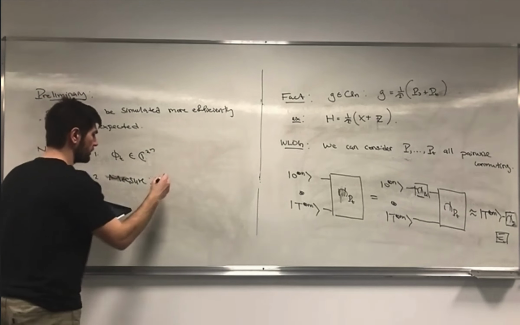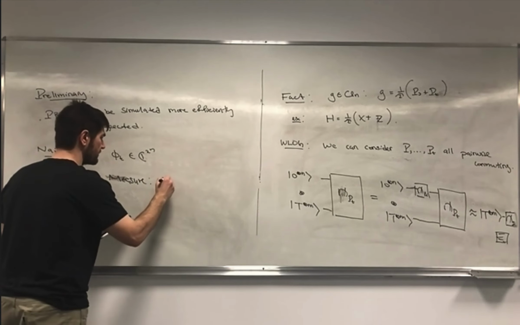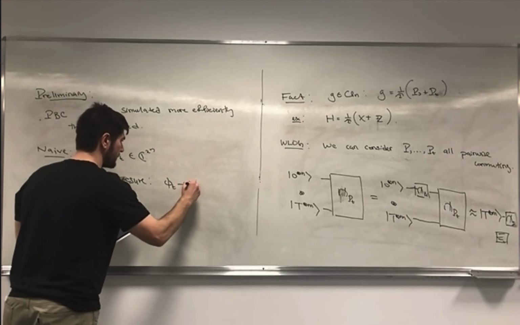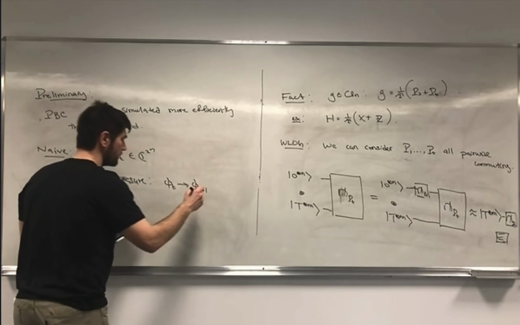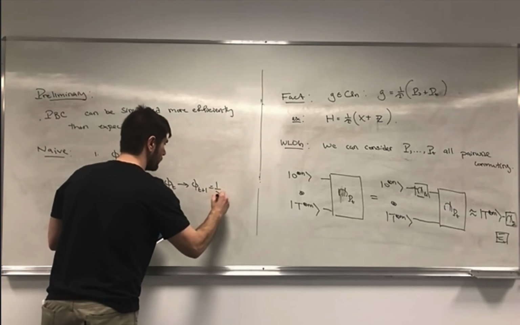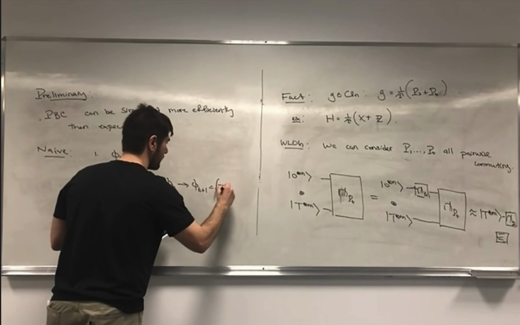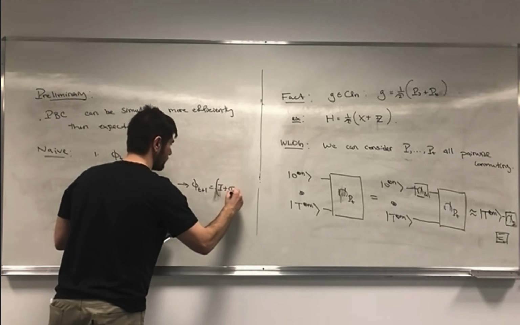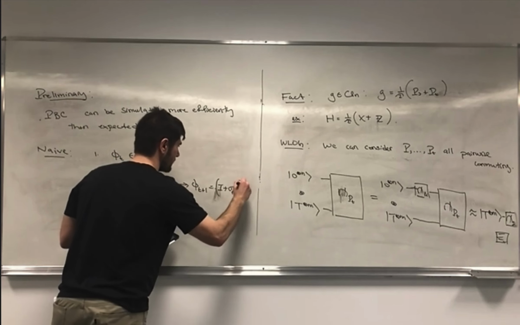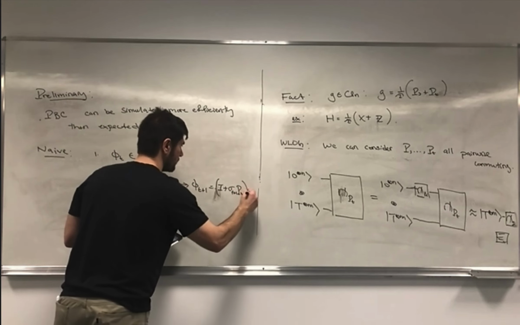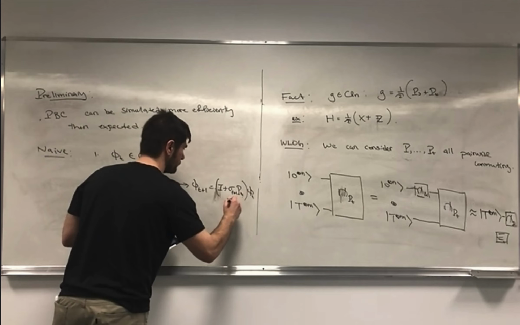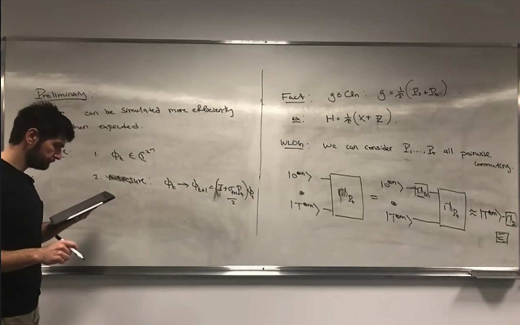You measure a Pauli on this state so that you update it to phi t plus 1 equals 1/2 I plus sigma t plus 1 pt over 2.